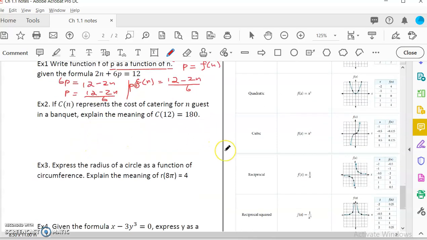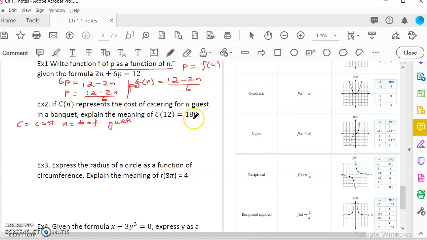The second one is they have a function that represents the cost of catering n guests. So n is the number of guests, c is the cost, right? So you write down c is cost, and your input n is the number of guests. So someone writes c of 12 equals 180.